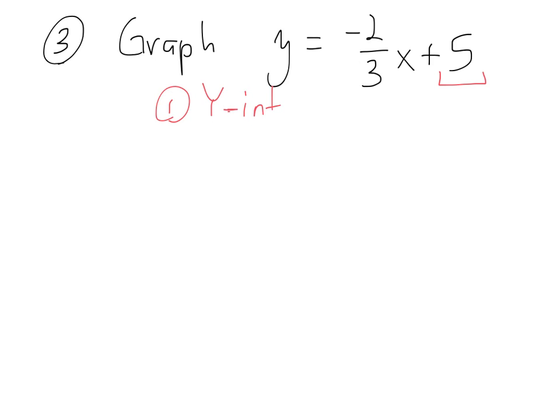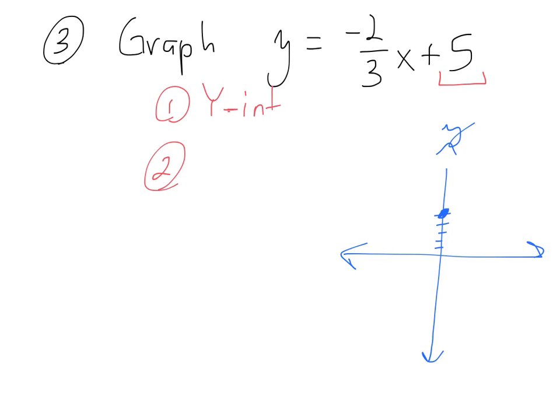Y-intercept in this case is 5. So on our graph, you will go on the y-axis up 5 units and plot your point. So step 1, complete. Always the number on the end there.